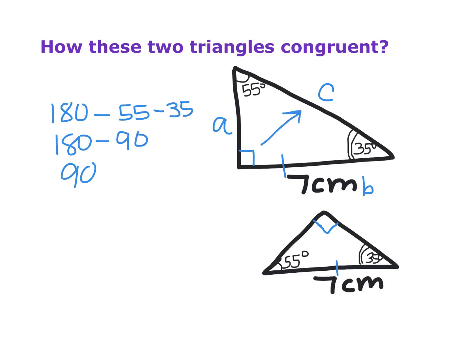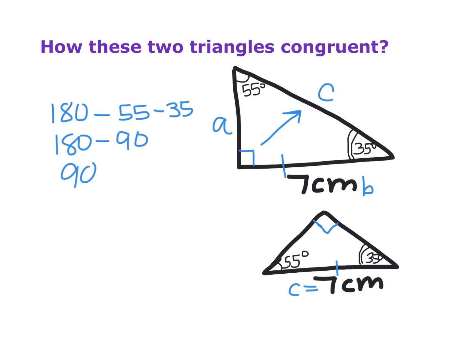Well, I'm noticing that at the bottom triangle, C is 7, which is the longest side. But on the triangle above that, C isn't given information. So what that means is that the side opposite from the 90-degree angle has to be bigger than 7 centimeters.